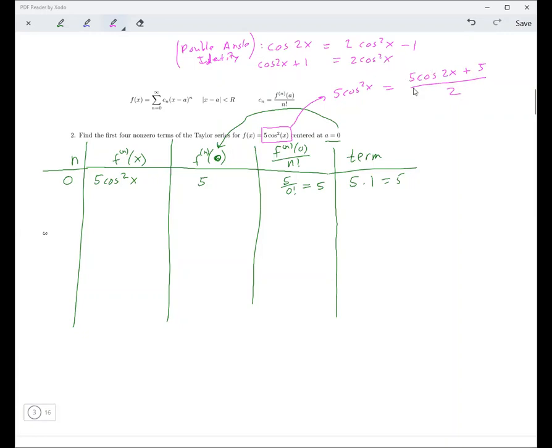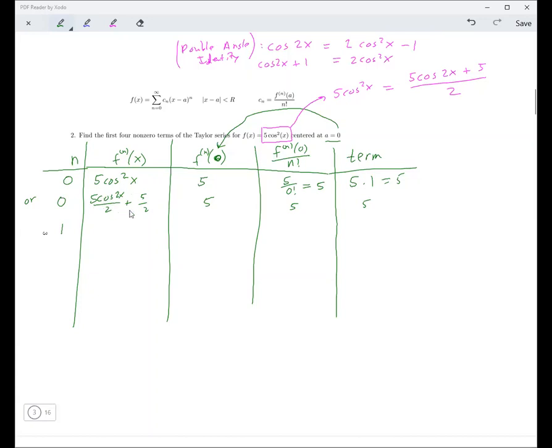So basically, you can replace this with 5 cosine 2x over 2 plus 5 halves, and that gives you 5, and that's still when n equals 0. So your term's going to be 5. But the reason I did that is because that's going to make our differentiation much easier, because the next thing you have to do is go to when n is 1.